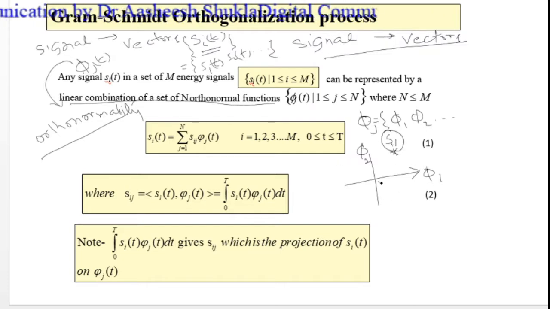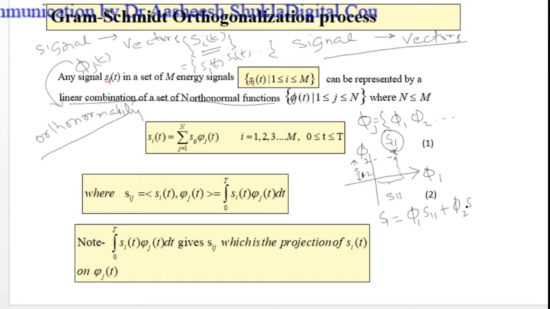This is s11, the distance in the phi 1 direction. This is s12, the distance in the phi 2 direction, and we have to travel this distance to get S1, right? So how can you write S1? S1 can simply be written as s11 phi 1 plus s12 phi 2.